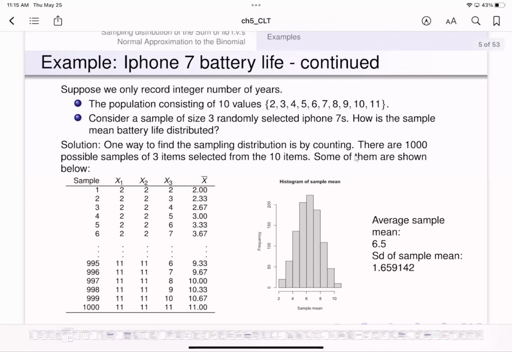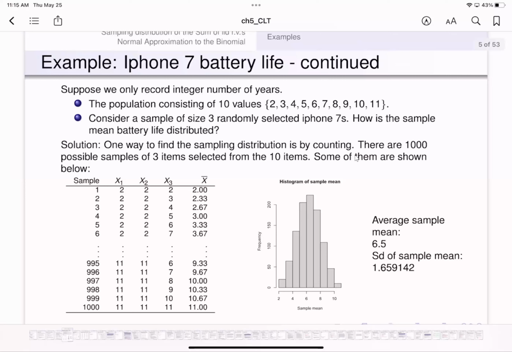In fact, since there are only 10 possible values, each customer's phone battery could be just one of those 10 numbers. If I have 3 customers being sampled, each one has 10 possibilities. The total would be 10 times 10 times 10. That's many ways of having different values for the sample of 3 customers.